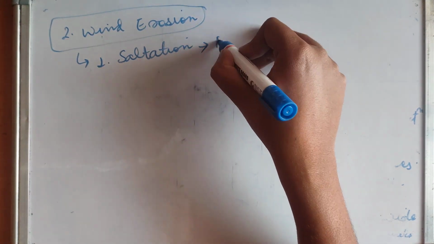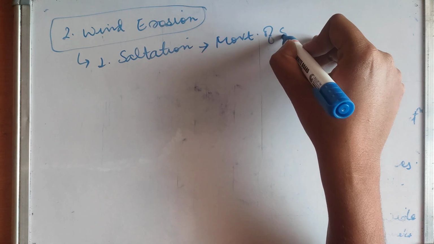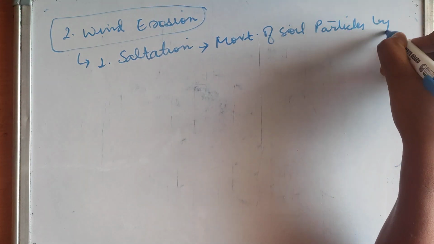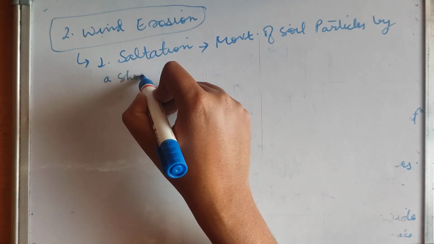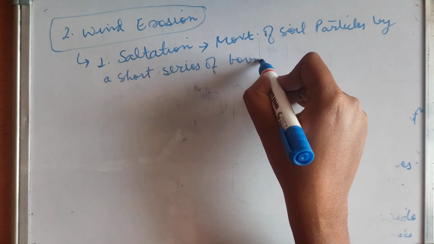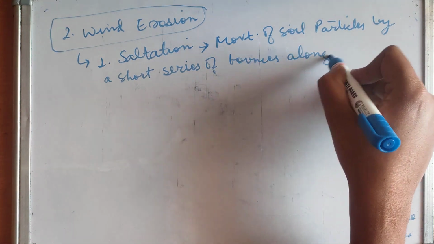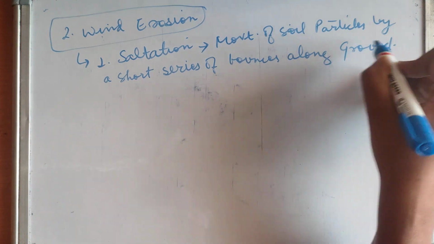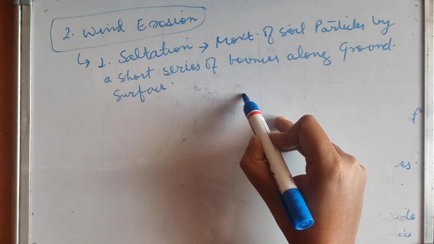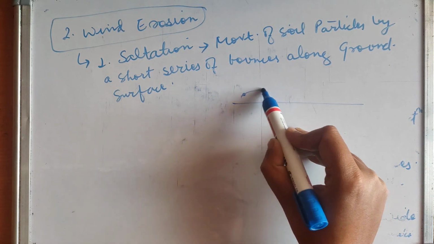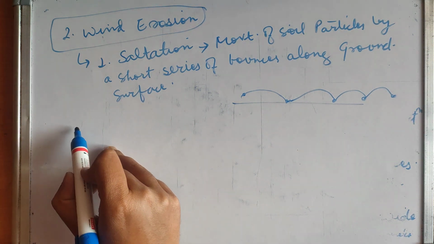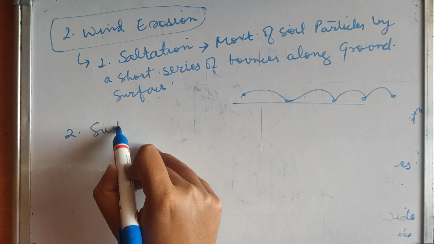It is the movement of soil particles by a short series of bounces along the ground surface. Suppose this is soil, so this is a short series of bounces, here, then here, then here. So this is saltation.